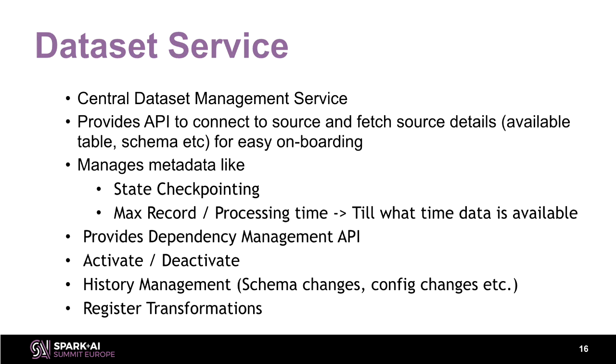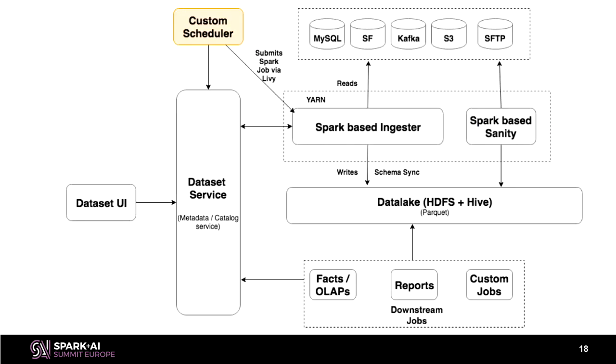You can also activate or deactivate a dataset, so you can manage everything from a service. It also tracks history for changes, schema changes, config changes, anything, so that you can do debugging if required. You can even register transformations. I'll talk about what kind of transformations in the coming slides. So it's a central metastore service which provides all kinds of dataset management operations.